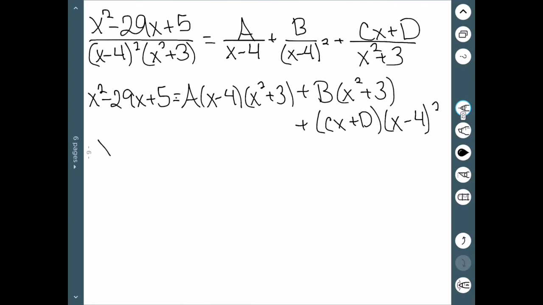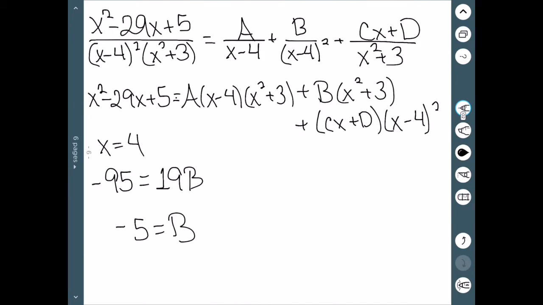If I let x be equal to 4, on the left, we end up with 16 minus 29 times 4 plus 5, or negative 95. On the right, the a and the cx plus d term cancel. I'm left with 16 plus 3 times b, which is 19b. Dividing, negative 95 divided by 19 gives me that b is equal to negative 5.